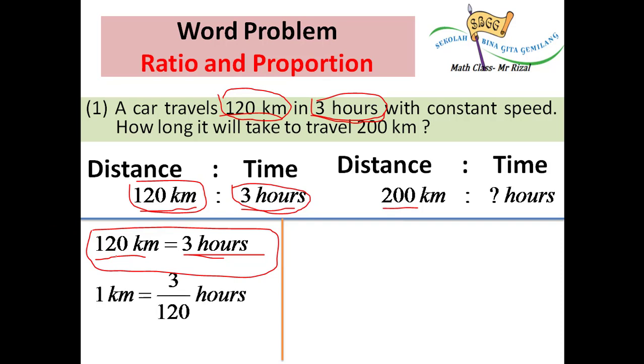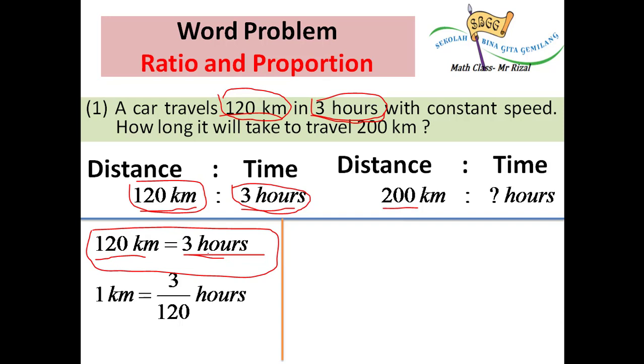If 120 kilometers equal 3 hours, it means that 120 kilometers must be reached in 3 hours. How about 1 kilometer? Think, is it shorter or faster than 3 hours, or more than it?